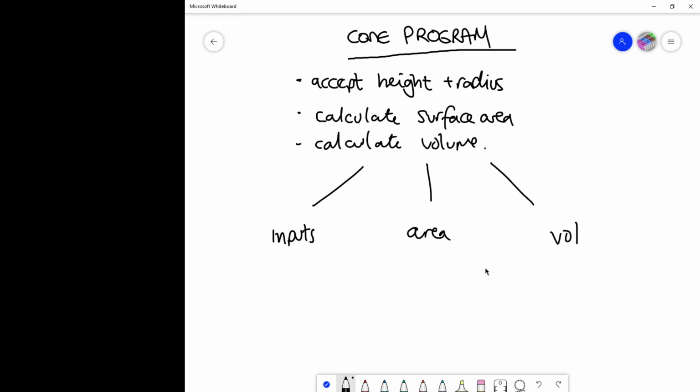Okay, so this is based on a formula. Did anyone look up what the surface area of a cone was? What was the formula for it?